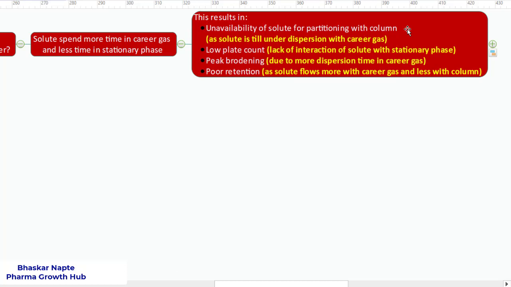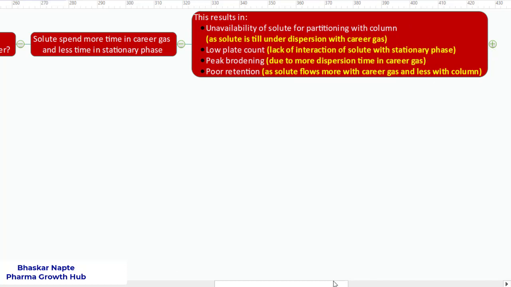So the solute will get less time for interaction with the stationary phase, as the carrier gas is not stable. The gas is not still, it is flowing inside the column, and as the solute is present inside the carrier gas, it will get carried away with it, and hence it will have poor retention. So this is the impact of the higher dispersion time of analyte in the carrier gas.